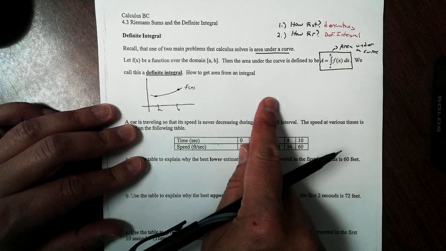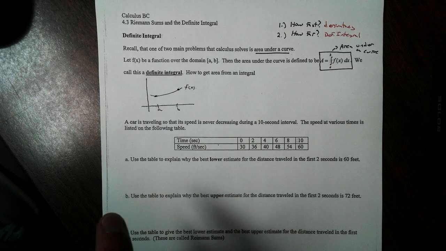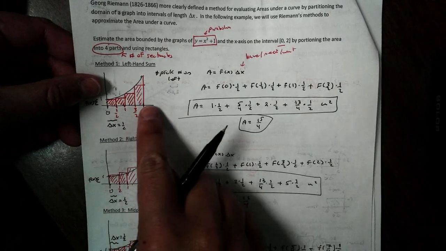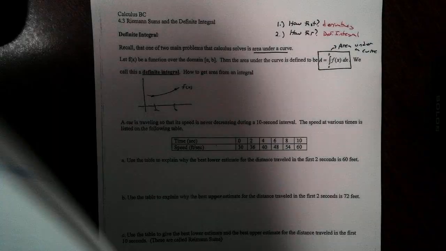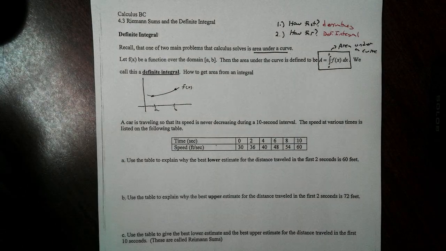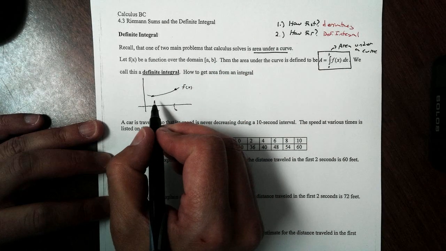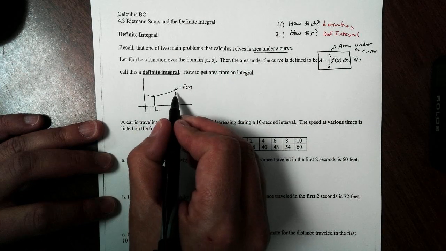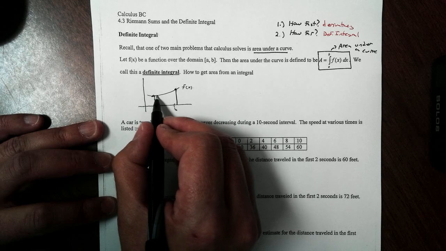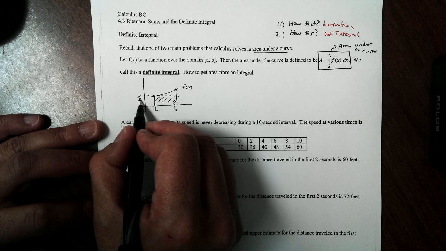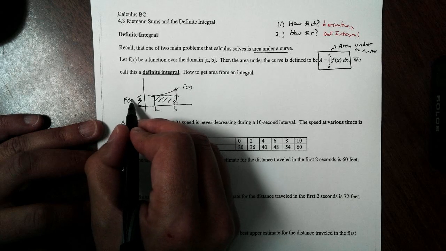We talked in part 1 about how we find area using those Riemann sums. How we get the area is kind of the same way. If I think of this as just one gigantic rectangle right here from a to b, I can use my Riemann sum to get this. I know the height is f of x.